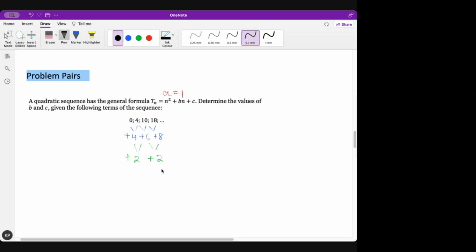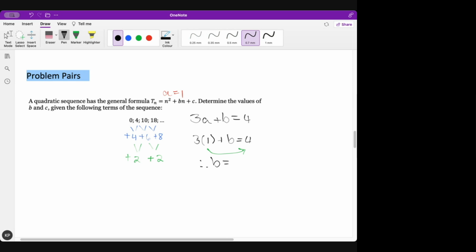So let's go ahead and work these out. I'm going to start off by working out b by saying 3a plus b is equal to, what is my first difference? 4. Okay, so 3 times 1 plus b is equal to 4. You can actually even solve this by inspection, but let's be technical.